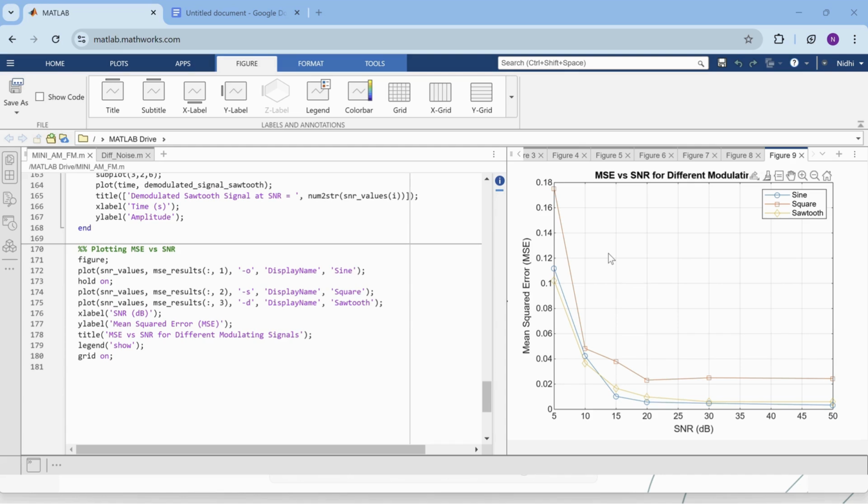This finding emphasized that sine wave are optimal for amplitude modulation in noisy environments as they maintain high fidelity after demodulation.